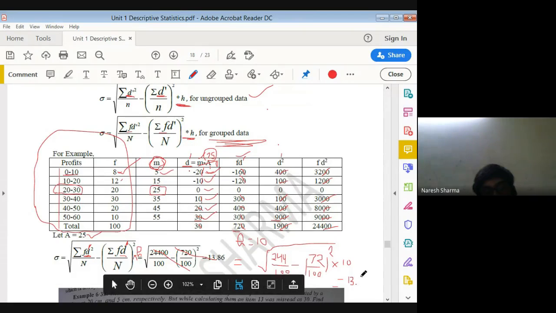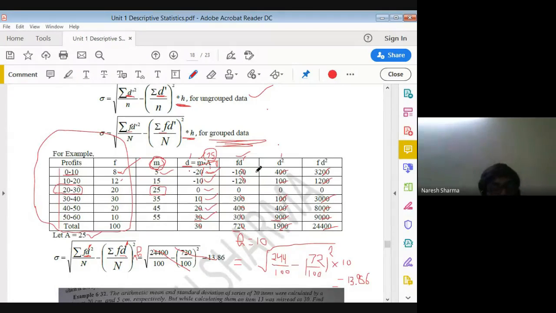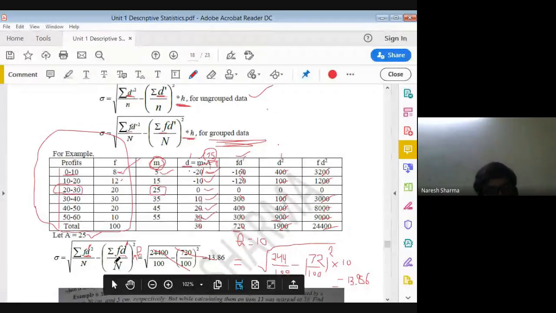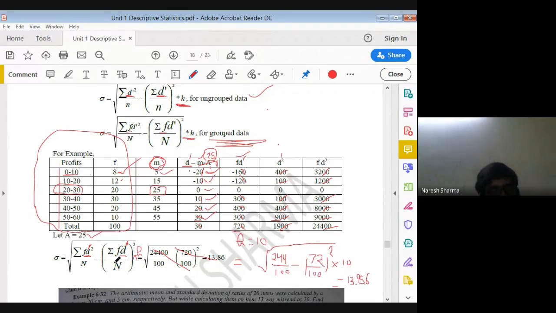So ultimately you get the same result, but when you try this, you see your calculation is a little simple, small numbers like 4, 1, 3, 30, 16. So just to make the numbers small, you can use d dash or d also, by shortcut method, or step deviation method, or you can go for your normal calculation also.